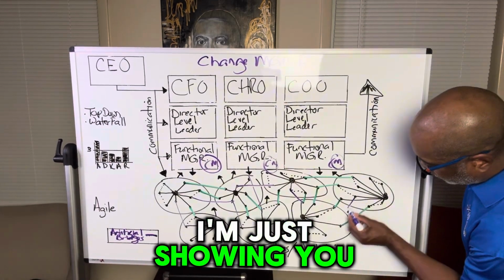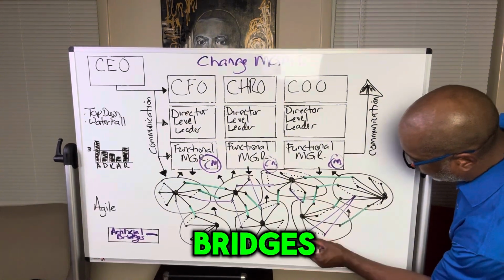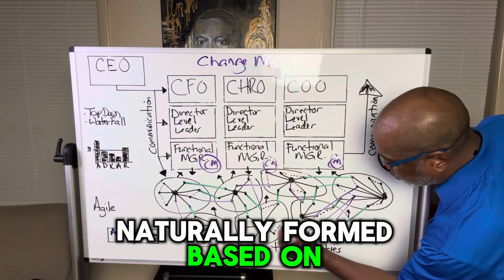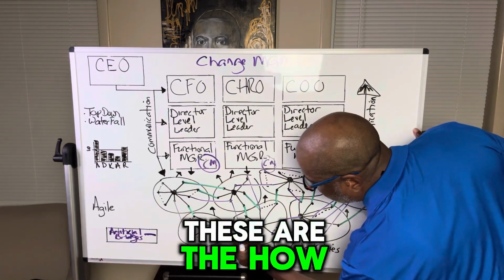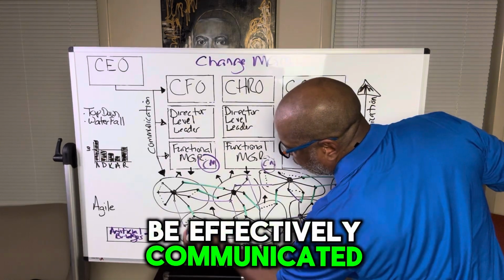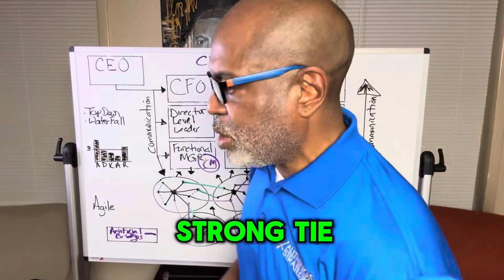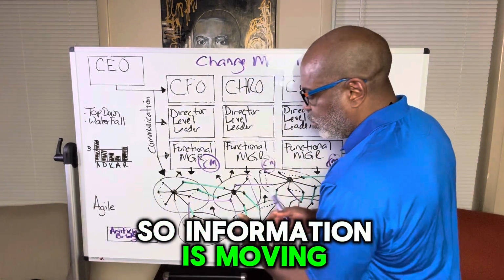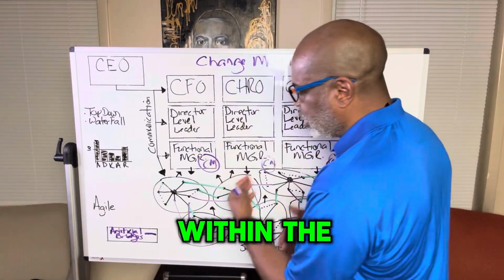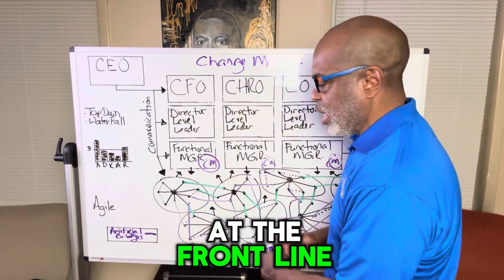I'm just showing you, these are called artificial bridges because these are not naturally formed based on relationships. These are how we want information to be effectively communicated. We want to create a strong, tight network so information is moving faster, with the intent to create behavior change within the clusters of people at the frontline level.